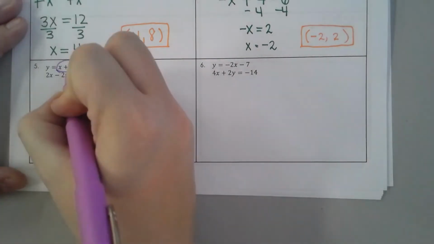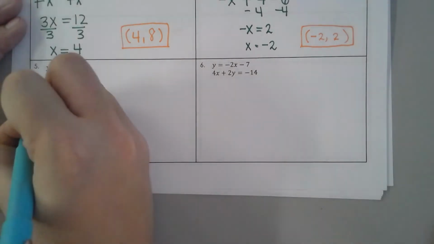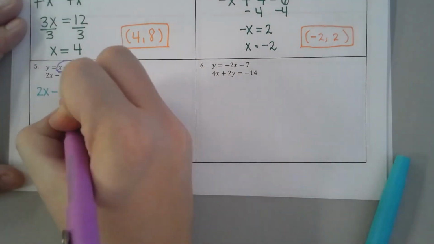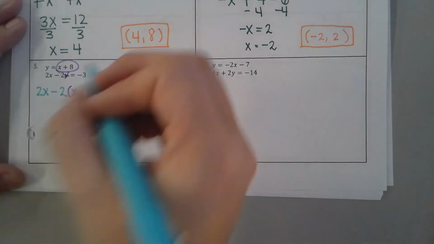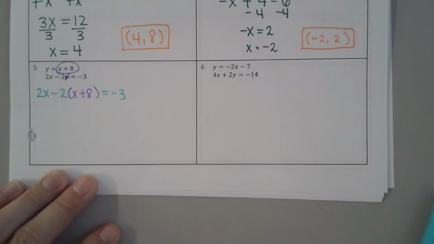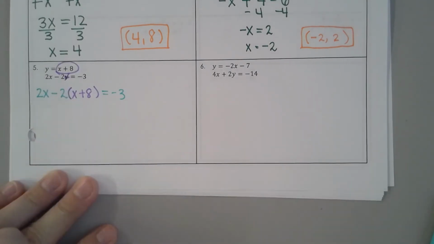Number 5, we get y equals x plus 8. So that goes in for the y in the other equation. So I took out this y and put in x plus 8.